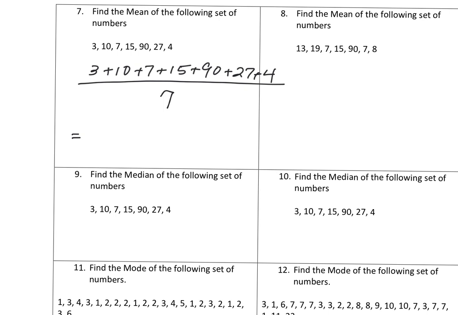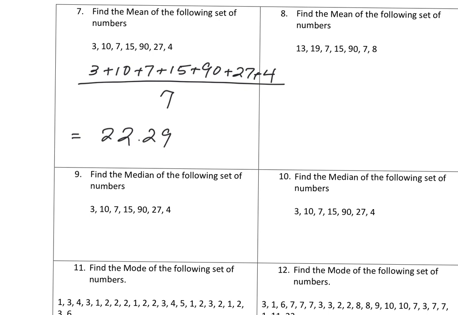My average is 22.29. I'm going to go ahead and double check one more time. 3 plus 10 plus 7 plus 15 plus 90 plus 27 plus 4. Yeah, okay. And that's all I have to do.